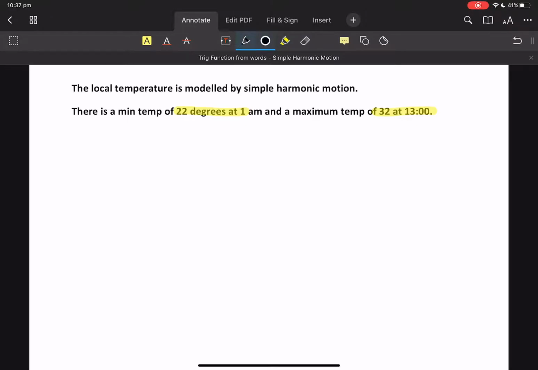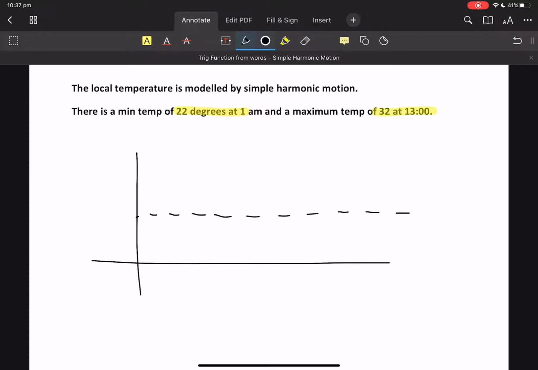So what we're thinking is it's going to be a graph. Its coldest is going to be 22 degrees. Its hottest is going to be 32 degrees. Hey, where's the middle of that? Is that 27?